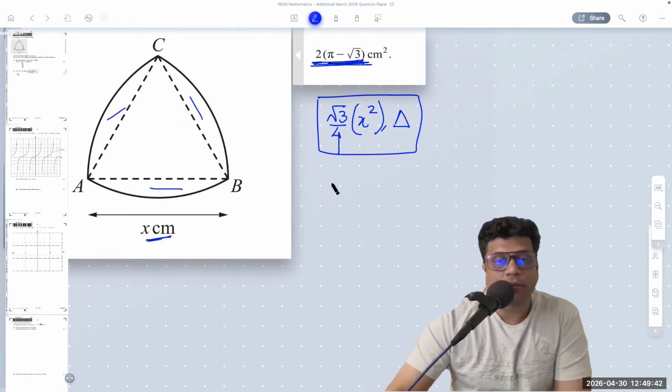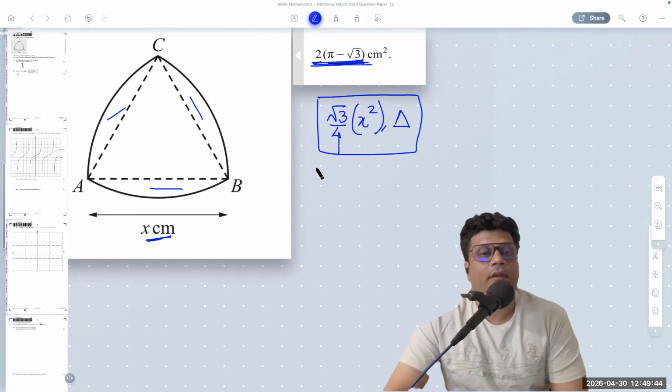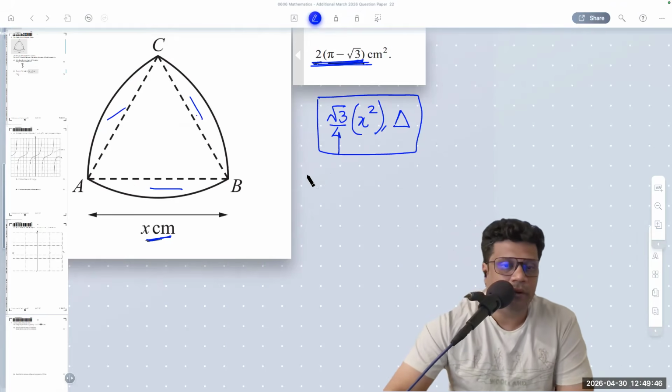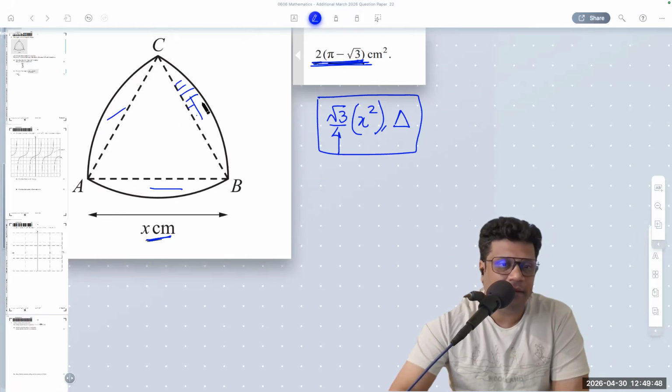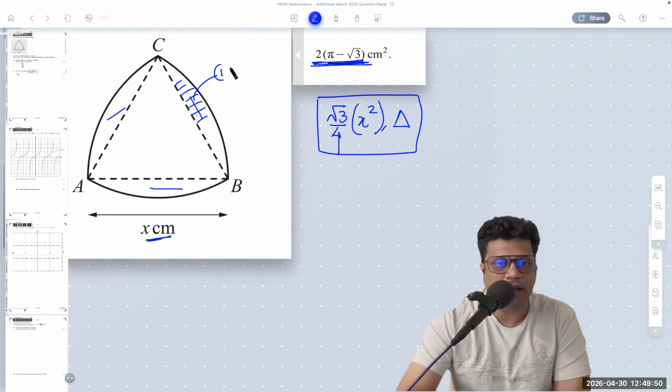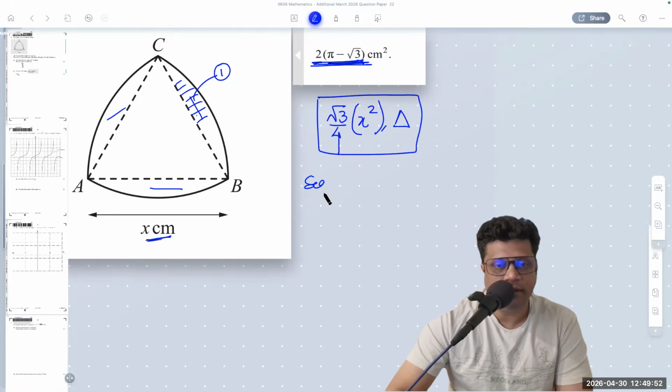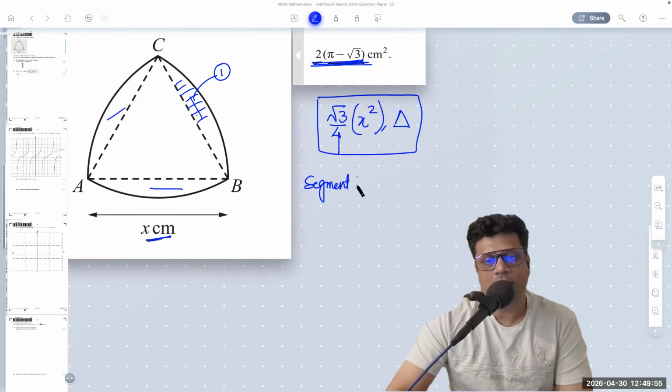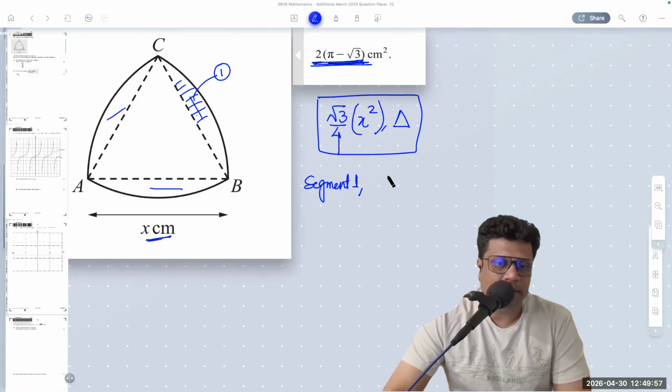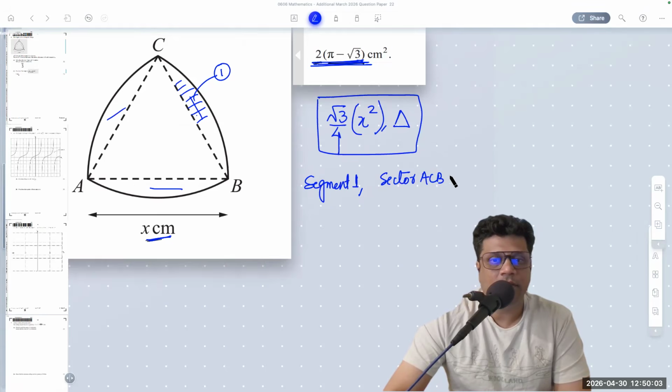And we go find out the area of the segment. Well, that segment is going to be, let's call it segment number 1. Segment 1 is going to be the sector ACB minus the area of the triangle ACB.